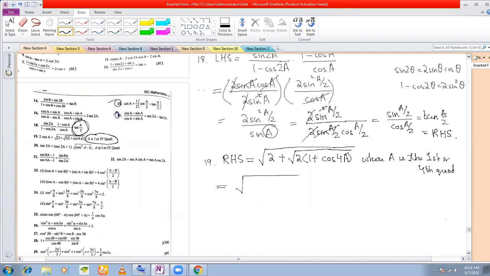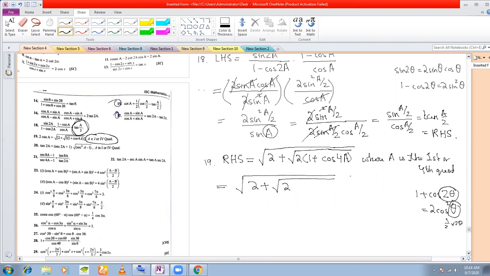Root over of 2 plus root over of twice, now 1 plus cos 4a. Remember the formula, 1 plus cos 2 theta is 2 cos square theta. Okay, now what is happening? This is twice, and this angle that you are getting here is half of 2 theta.